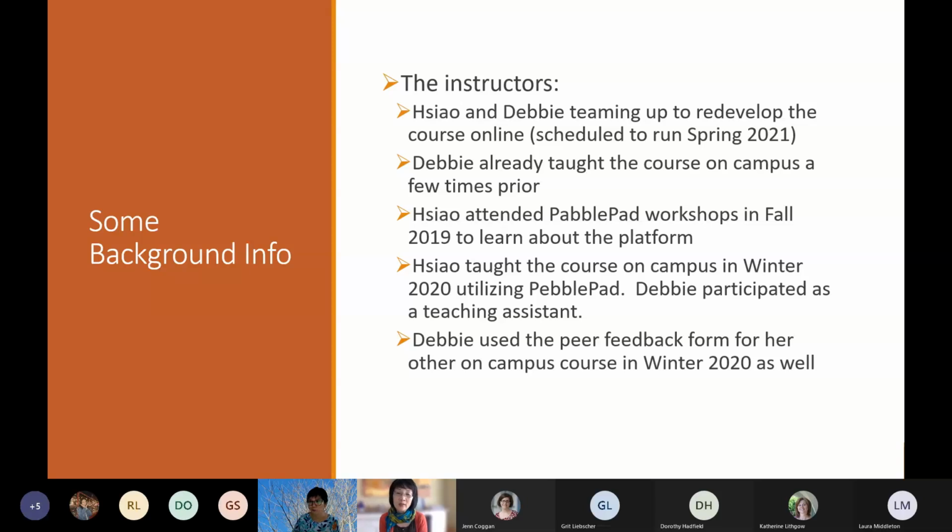When Xiao was going to teach this course on campus, knowing that we were going to make it an online course, she attended the training of PebblePad in fall 2019 with the vision of using this platform for this course. So in winter 2020, when Xiao was teaching this course on campus for 2 sections with a total of 120 students using PebblePad, I got very excited.